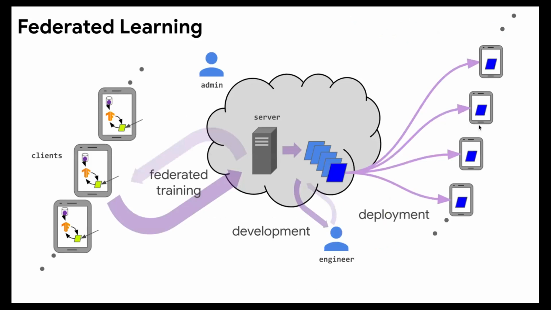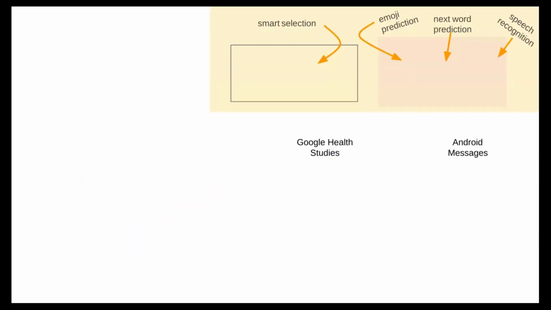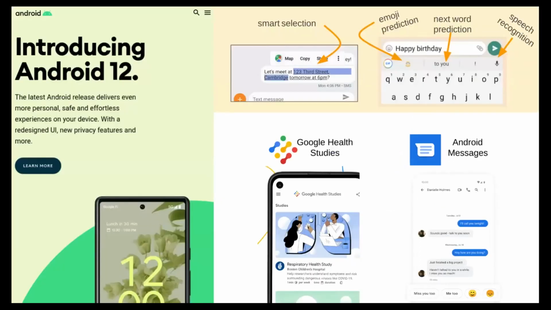As we know, federated learning is one kind of decentralized learning, where clients collaboratively and jointly learn a model without sharing their data with each other or with the server. In most of this talk, we will consider federated learning in a cross-device setting where the clients are mobile devices.